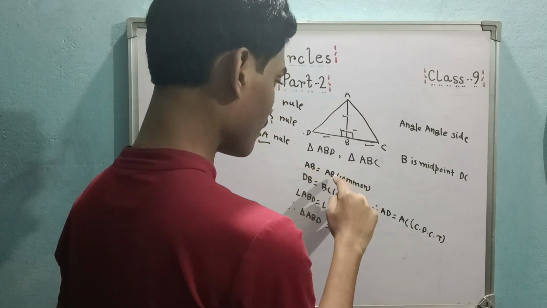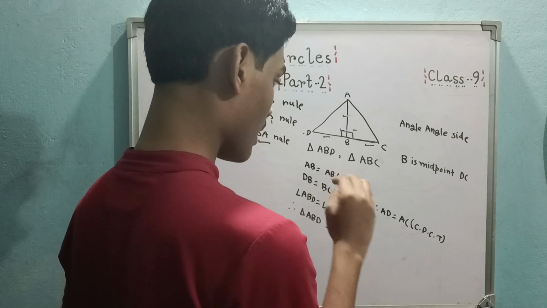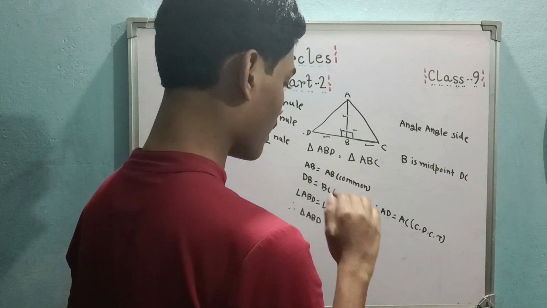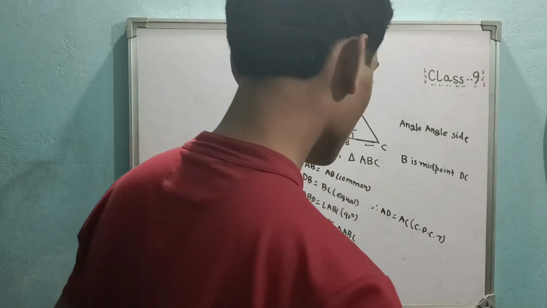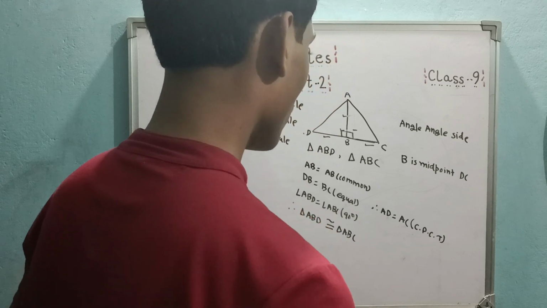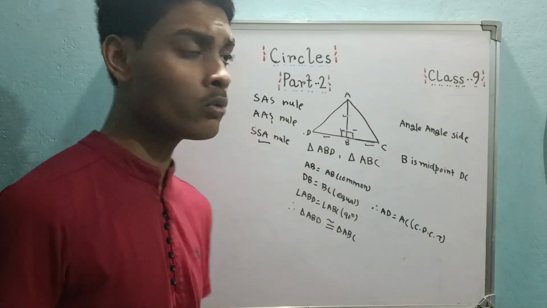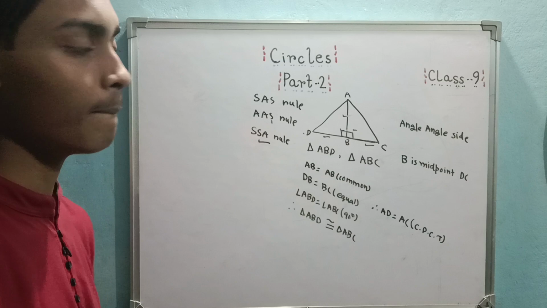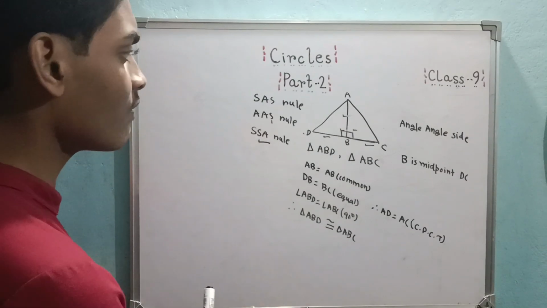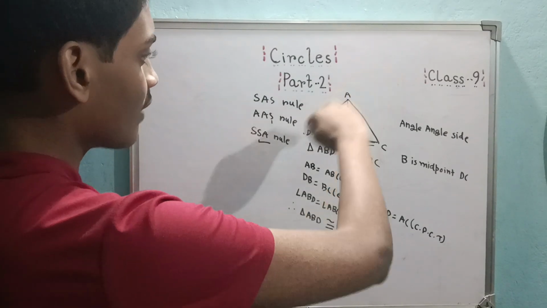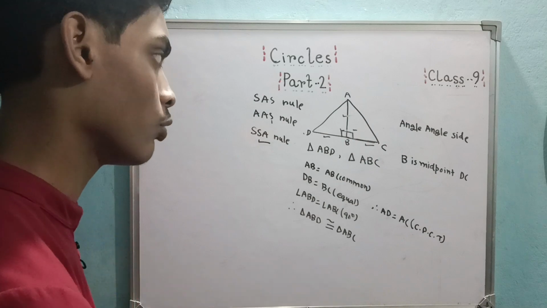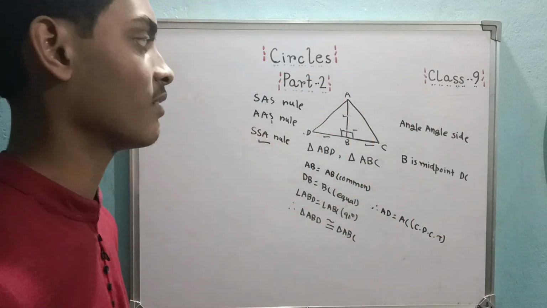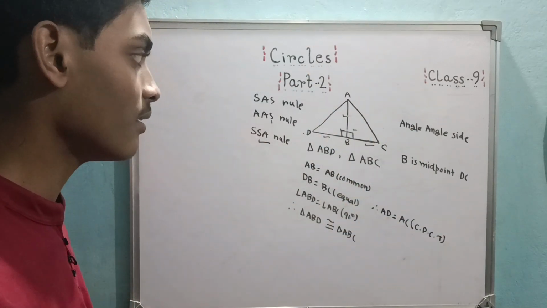Okay. These sides are equal and these sides are equal. And these angles are equal. Side angle method, we prove that the triangle is equal. Only you need three conditions to prove that the triangles are equal. Okay. As the triangles are equal, therefore the sides we didn't prove, they are also equal. So AD equal to AC. That's easy, right? That's all.